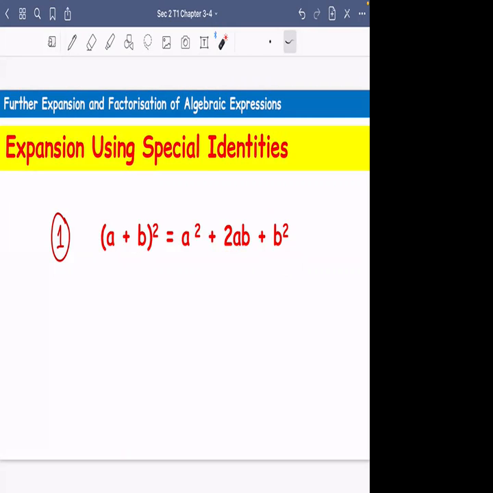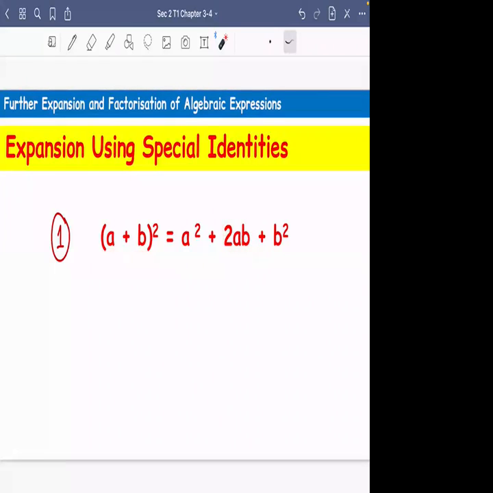Whenever you have any questions like this, you square the first, you square the second, and the middle term, 2ab, means whatever x, y, or any number that you have with a and b, you need to multiply it by 2. So it's always twice the product of the first and the second term. That's the middle term always in your answer.